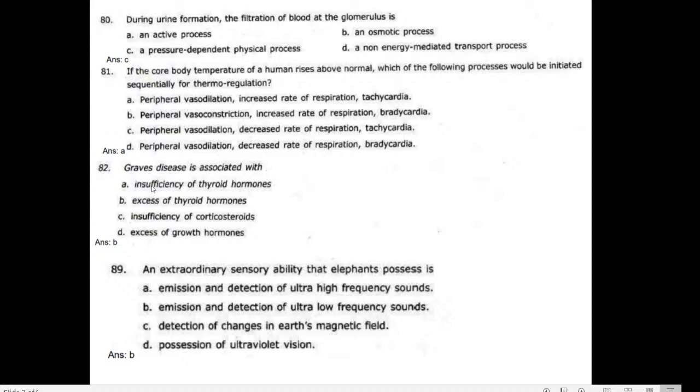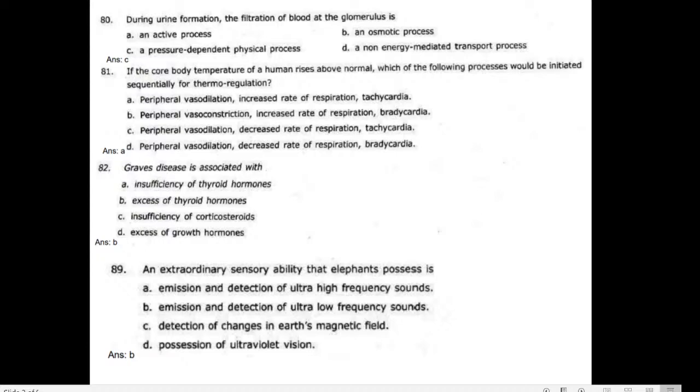Then Graves' disease. We all know about Graves' disease, which is associated with some hormones. Here the question is what Graves' disease is associated with.